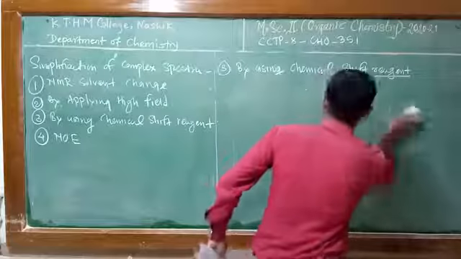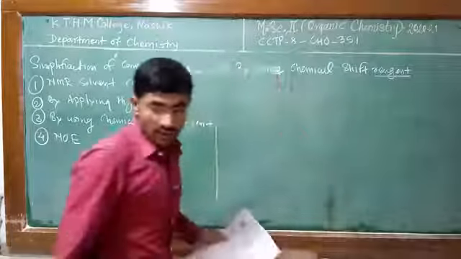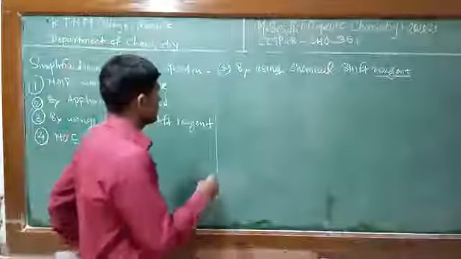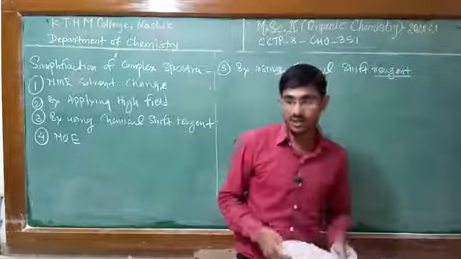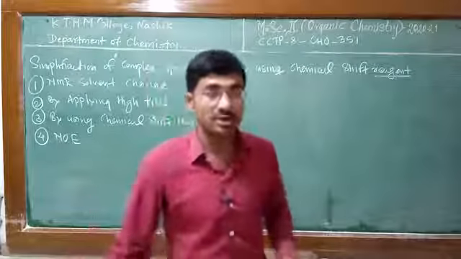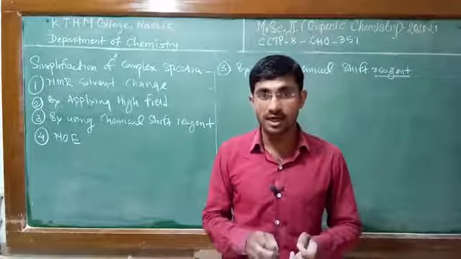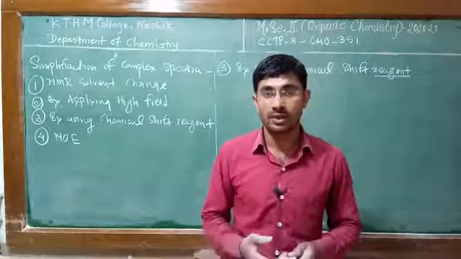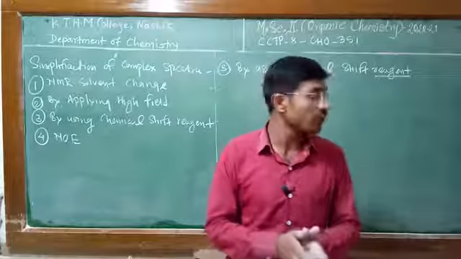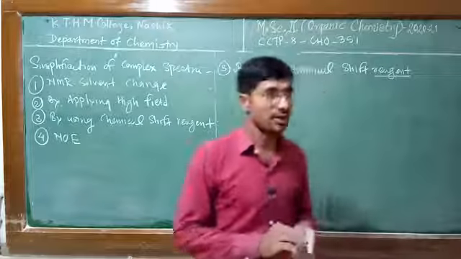When added to an organic compound, it gives spectral simplification, and the organic compound which contains an unshared or basic pair of electrons forms a coordinate bond with this complex.